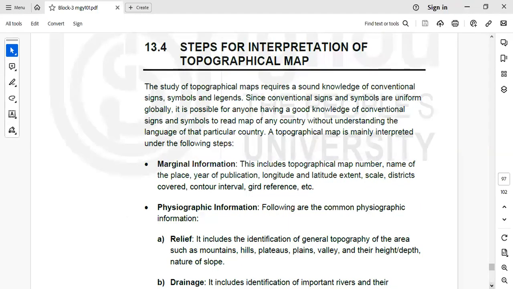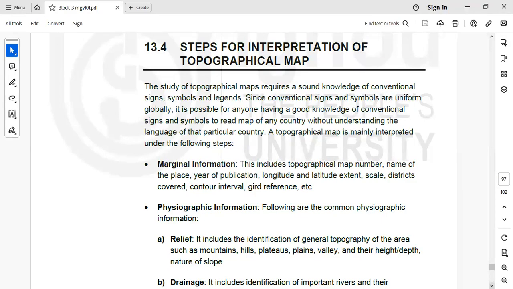So lastly, if we want to study the topographical map, we need a good understanding of the conventional signs, symbols, and legends, so that we can accurately identify or interpret the features present in the topographical maps.